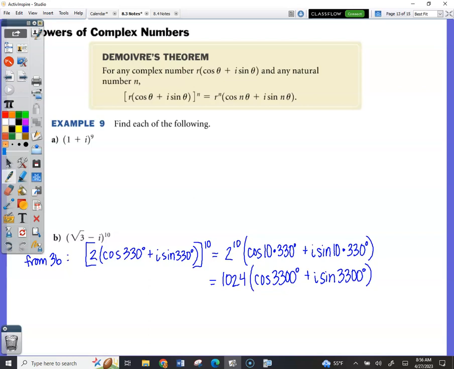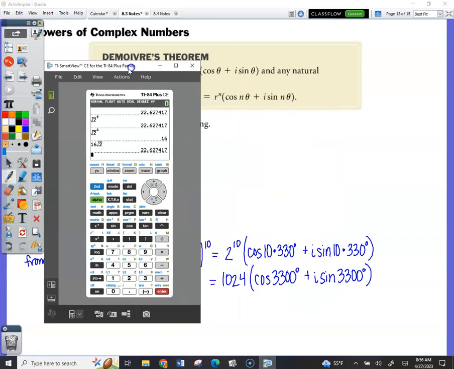So you would go to your calculator, and instead of sitting here, let's think smarter, not harder. Instead of doing 3,300 minus 360, minus 360, minus 360, don't do that, because clearly you know that this is a ton of rotations, right?